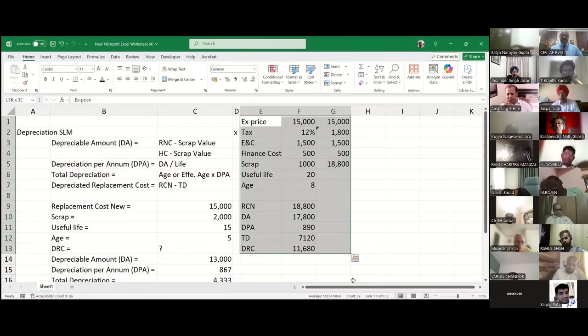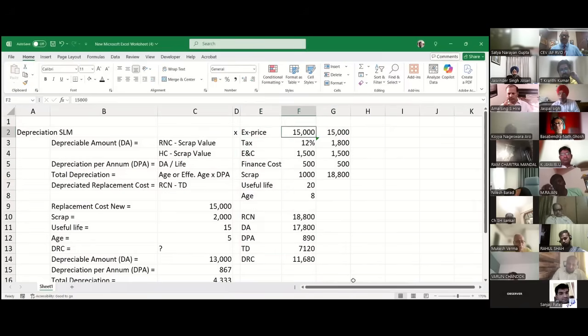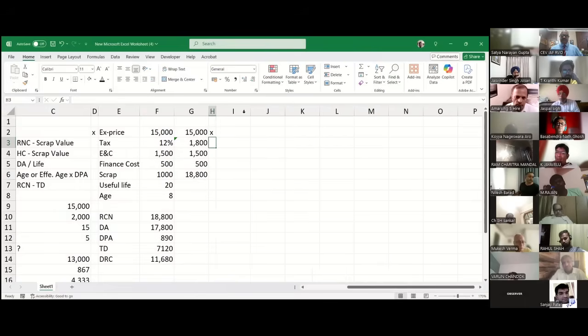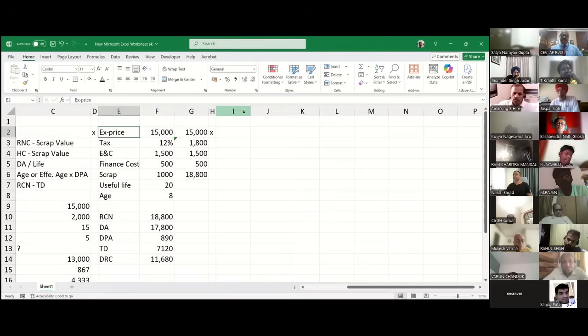So in examinations, you have to take care: many data are given in the question paper. You have to understand which data you have to select to find the replacement cost or any other further calculations.